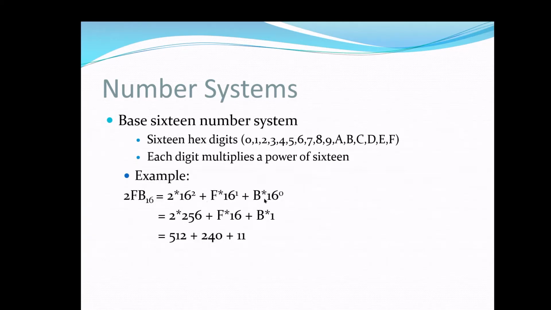So if you go through the math on this, 16 squared is just 256. 16 to the 1 is just 16. Of course, anything raised to the 0 power is just 1. And now we have 512 plus 240 plus 11. So this, in base 16, also called hexadecimal, is this in base 10.